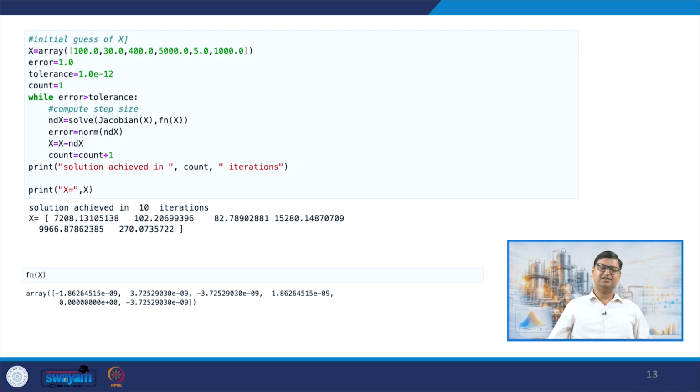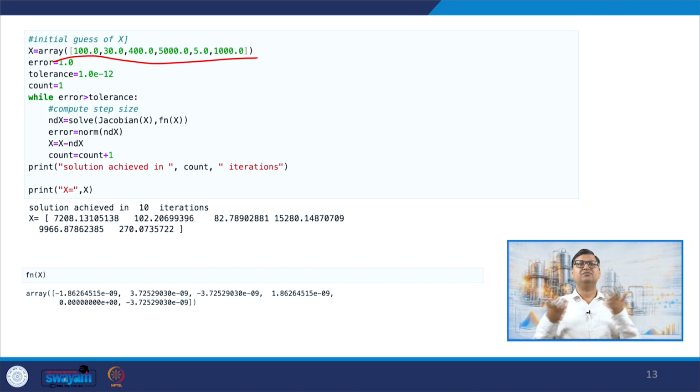So, I need some initial guess of x that has to basically have 6 elements. I gave some initial value, and the initial value in fact is very important, because if it is too far from the true solution, it is probably not going to converge so easily, right, and things can get complicated. But there is no way you can guess so easily what my final solution is.